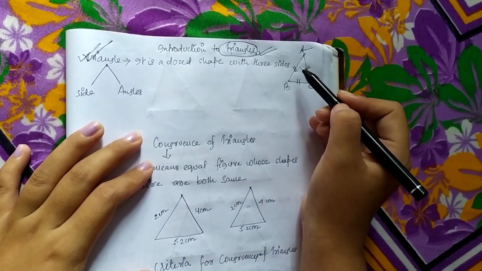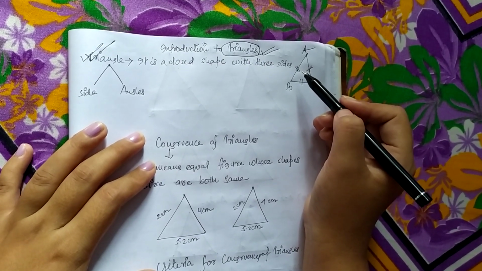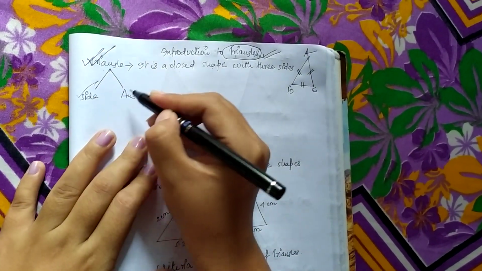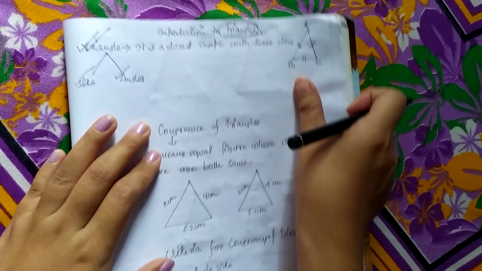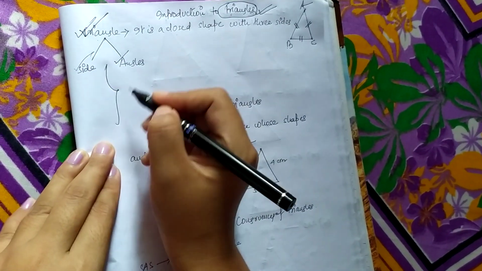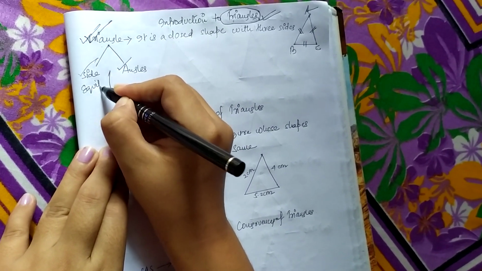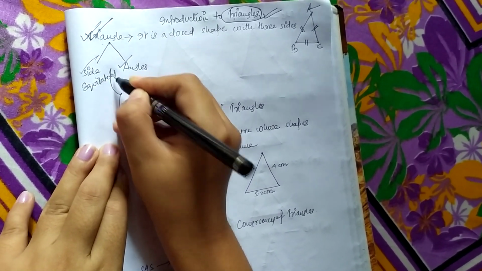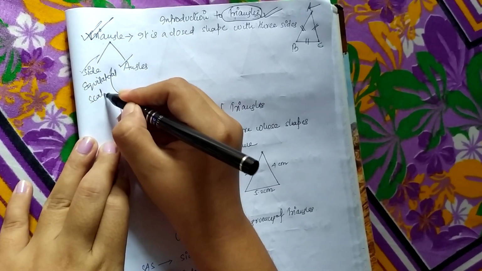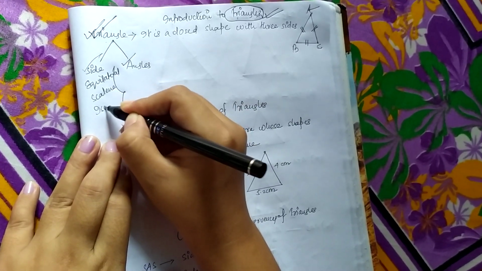It has some classification depending on its sides and its angles. Depending on its sides, it has three classifications. I hope you have studied them in your earlier classes: equilateral triangle, scalene triangle, and isosceles triangle.